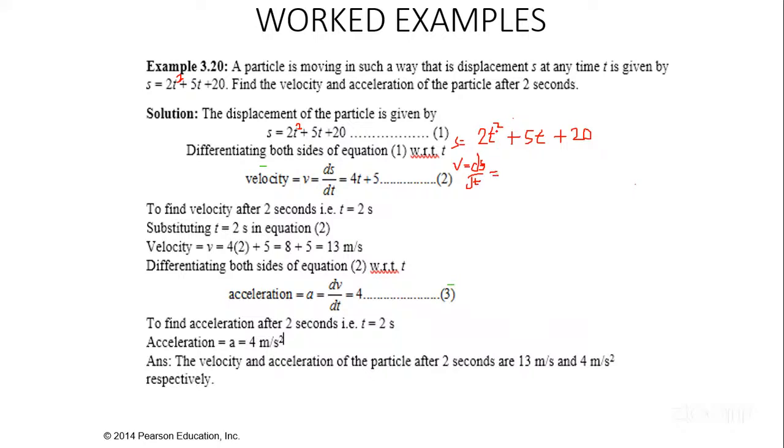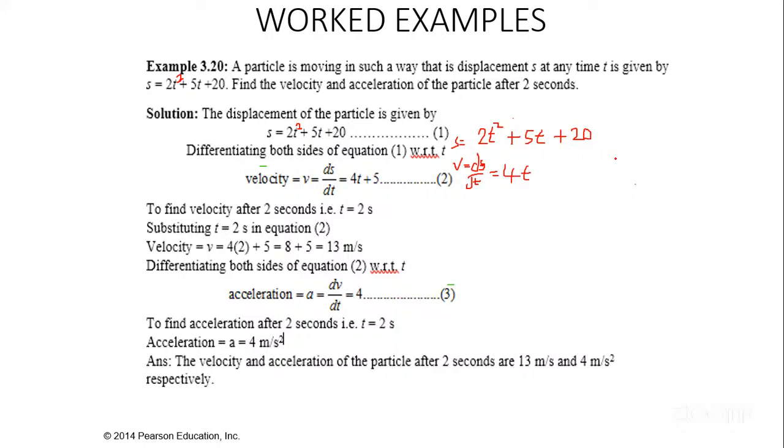If we differentiate this term, 2t squared, the square comes down and multiplies, by the differentiation formula. That will give us 4t.